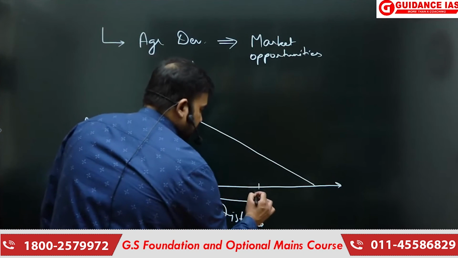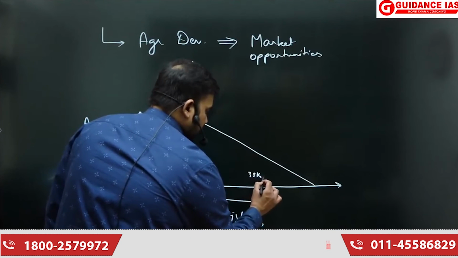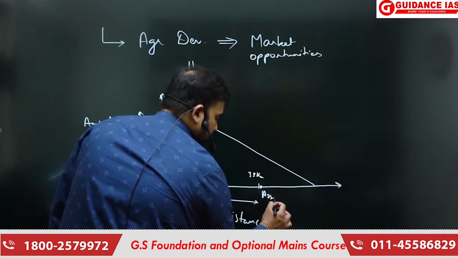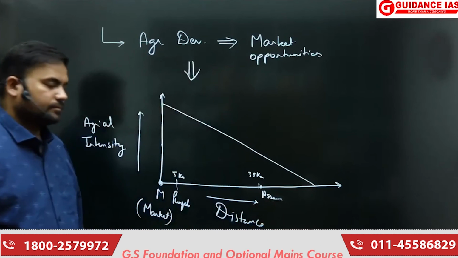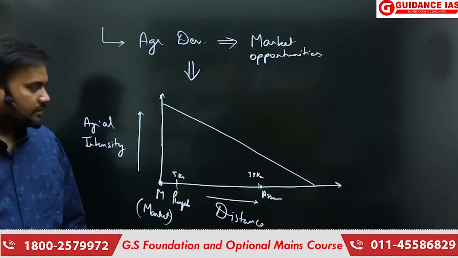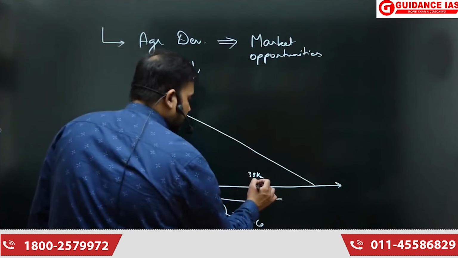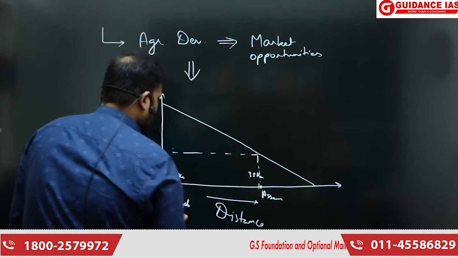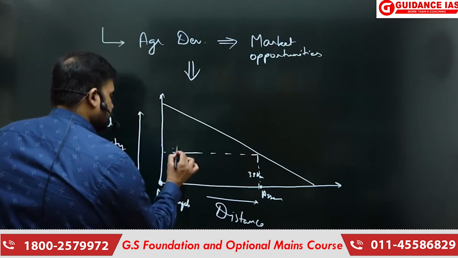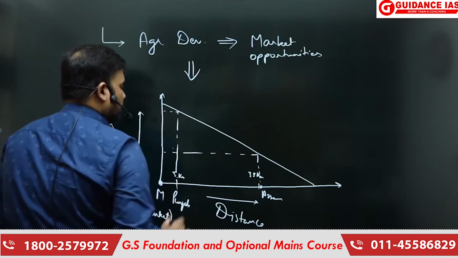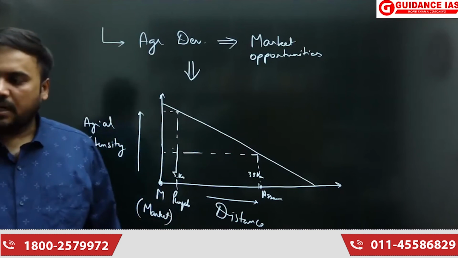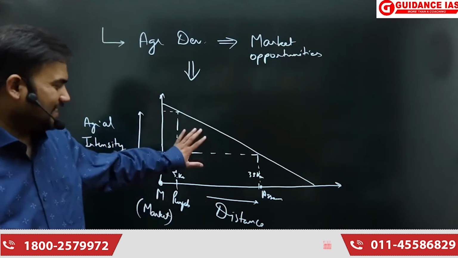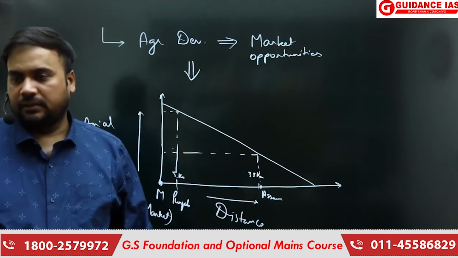Here, 35 kilometers. Somewhere here I will keep a state like Assam. And this very clearly tells me why Assam has lower agricultural productivity compared to what Punjab has. Okay? So this is the scientific method.